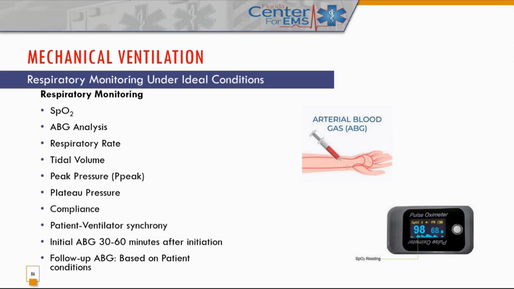How well are the patient and the ventilator getting along, the synchrony? We're looking at an initial blood gas. Generally, they're going to do a blood gas after 30 minutes of being on the ventilator to see how they are managing it. Then we're going to do follow-up ABGs based on the patient's condition, and that policy can vary by facility.